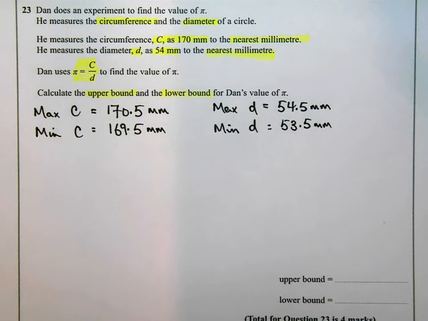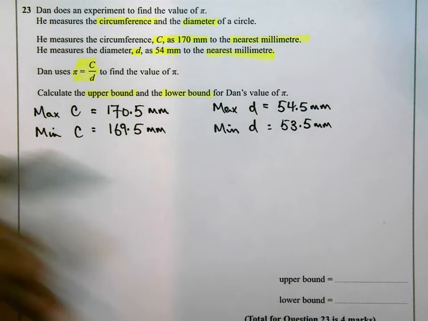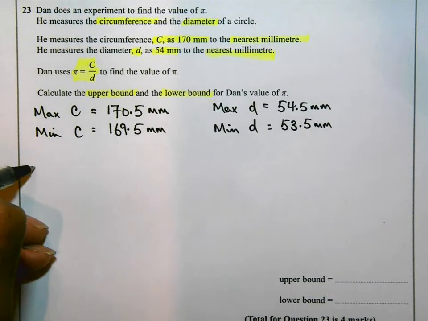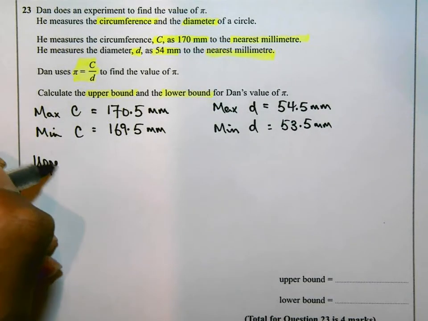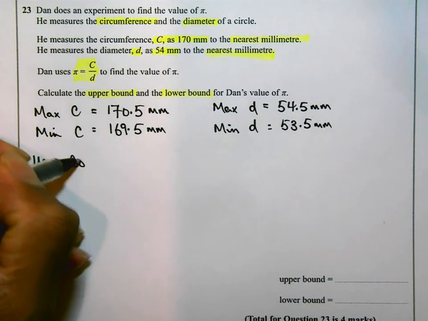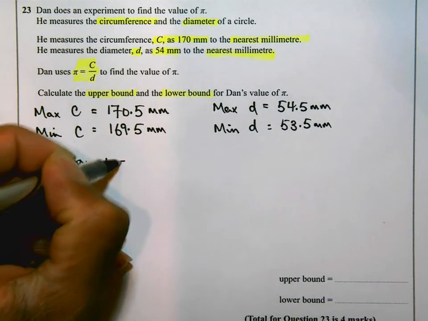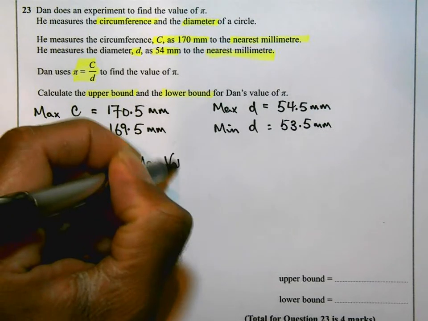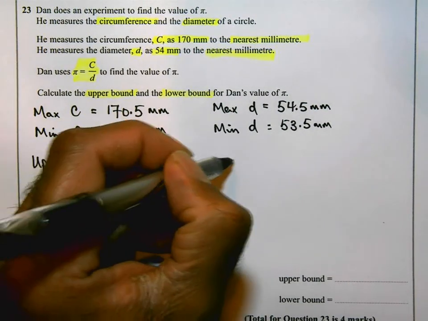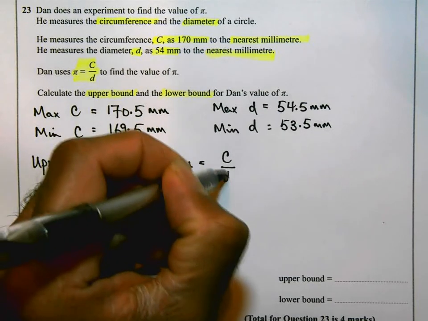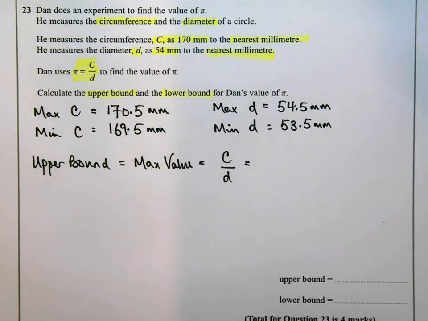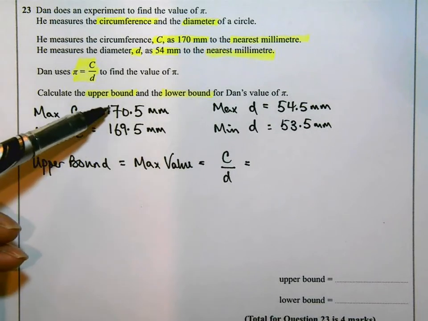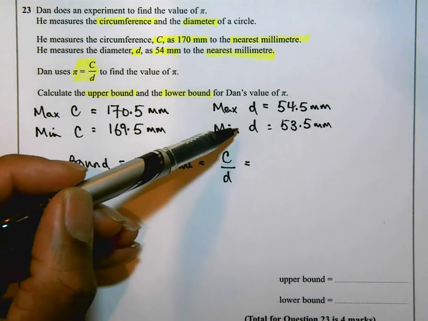Now what I need to do is this calculation. They want us to find the upper bound. So the upper bound is the maximum value of C over D. To get the maximum value, I'm going to use the biggest circumference and the smallest possible diameter.